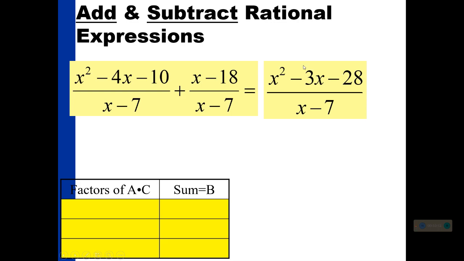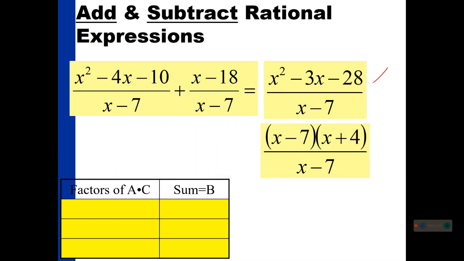And then you have to try if you can factor out the numerator. Yes, you can factor this out as (x minus 7) times (x plus 4). So I hope you can still remember how you are going to find the factors of the numerator x squared minus 3x minus 28, wherein you are going to apply what you have learned on our previous topic.